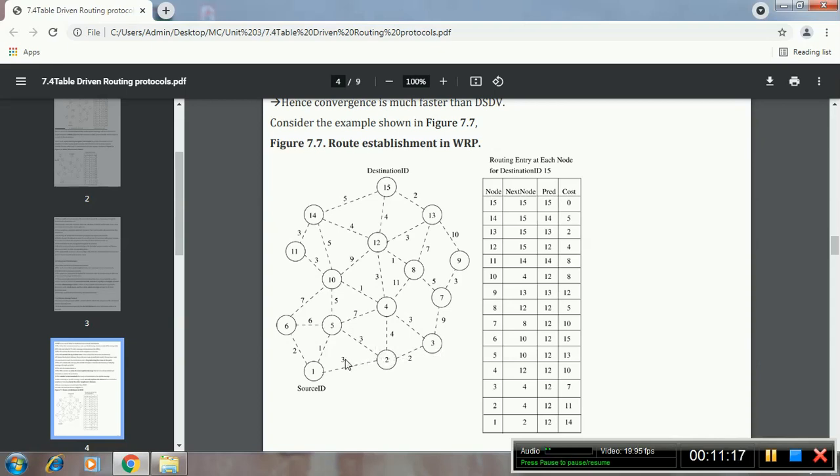So here we are calculating these values, and what will be the cost to reach the node? See here, 3 plus 4 plus 3 plus 4, so that is 6 plus 10, 14 is the cost to move from source to destination. 1, 2, 4, 12, 15, this is the direction. So the total cost is 14.